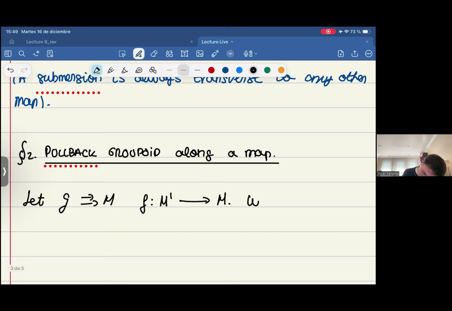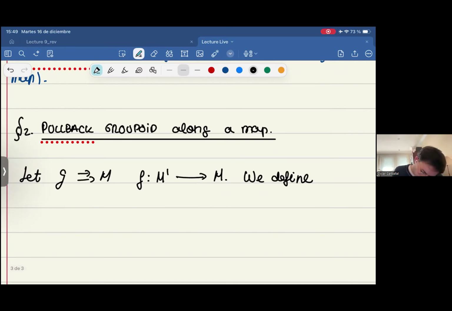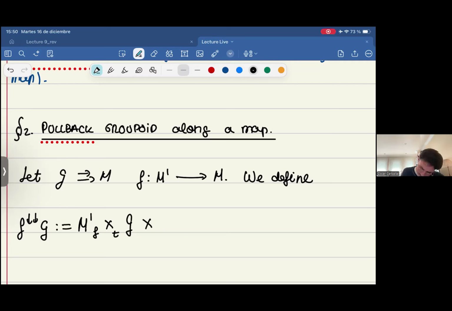And we define the following set of arrows, which in Mackenzie's notation is this fiber product of M prime and G, with the maps f, t, s, f, right, and prime.